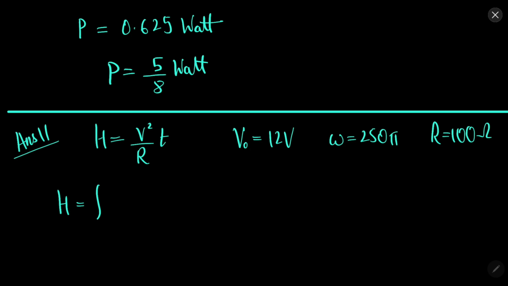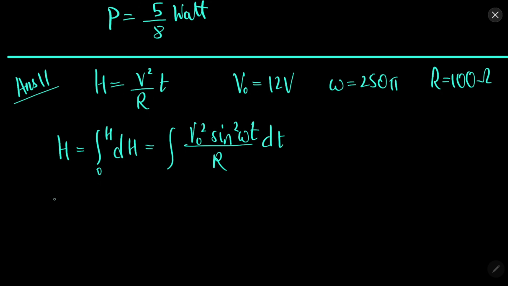So heat equals integral of 0 to t dH. Let's integrate this. Let's put all the constant values outside. V square is 144, 12 into 12. R is 100, sin square omega t dt.